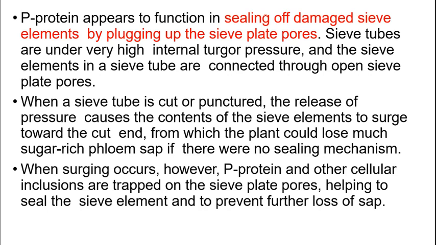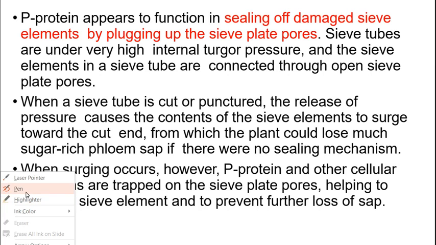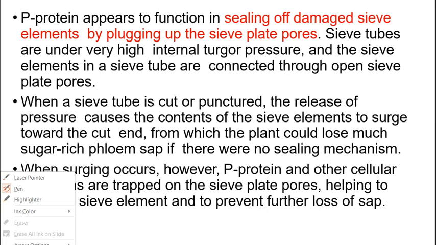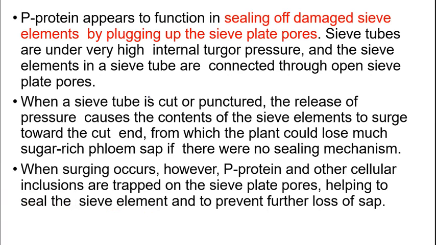Now see, what is the role of this P protein? They help in sealing of any damage. What kind of damage can the phloem face? The phloem is under high tension, under high internal turgor pressure, because it is transporting the solute here and there.